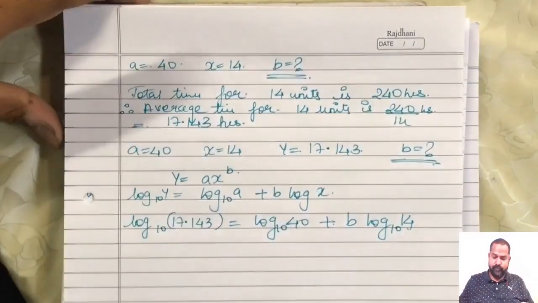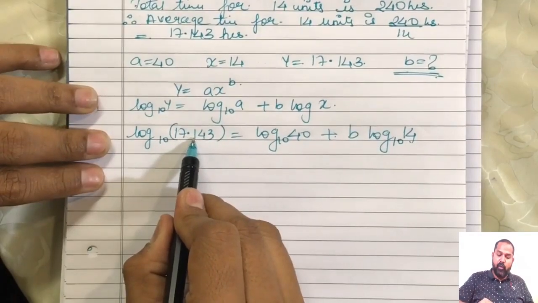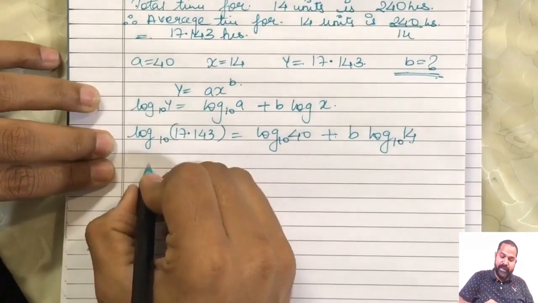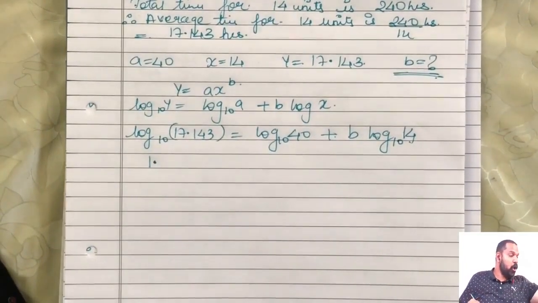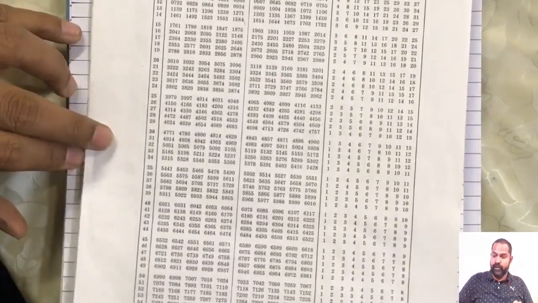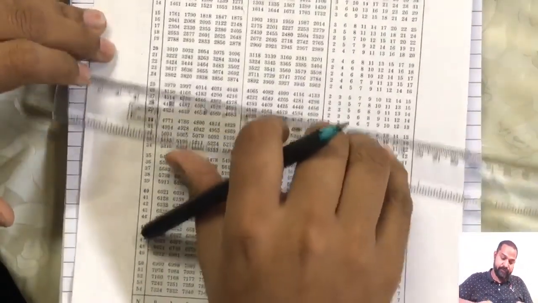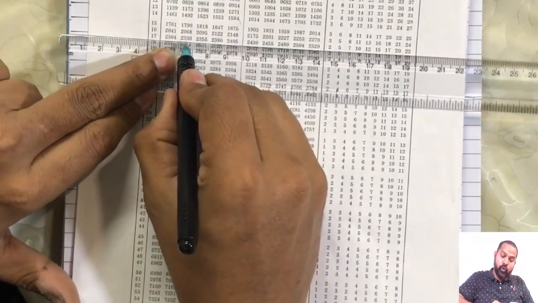Let's begin. Log of 17.143. Two places before the decimal, 2 minus 1 is 1, point. In your log sheets, 17.143: under 17, 1, is 2330.